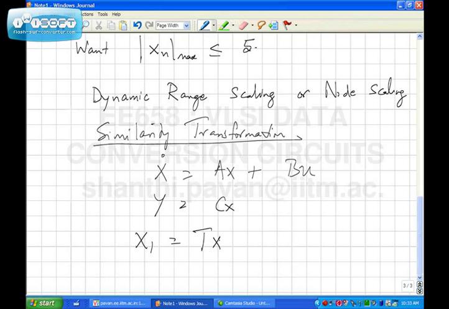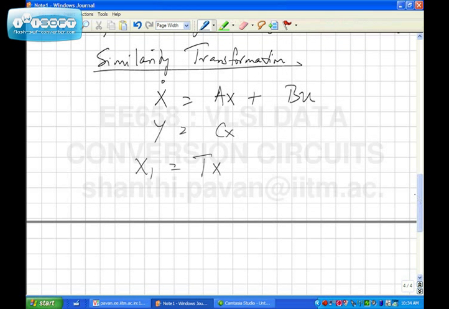It will be a diagonal matrix. So, if x1 is equal to Tx, how can I write the state variable equations in terms of x1? x is nothing but T inverse x1.